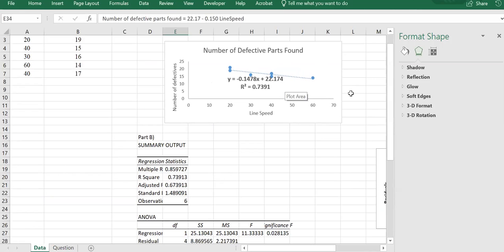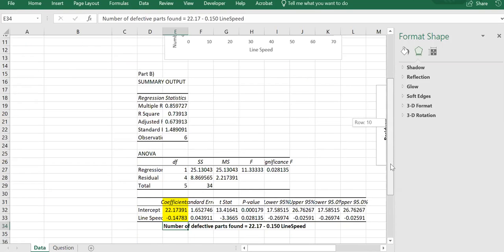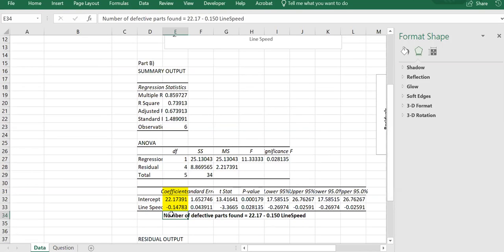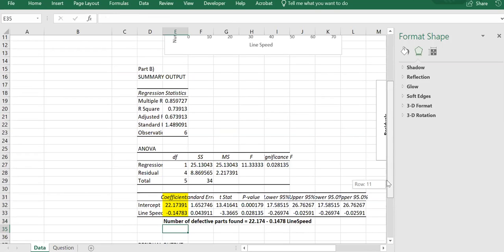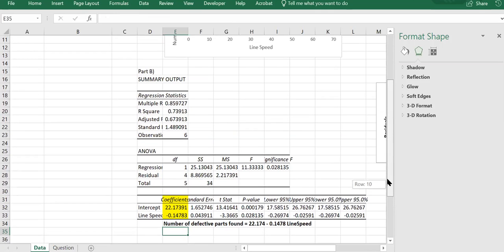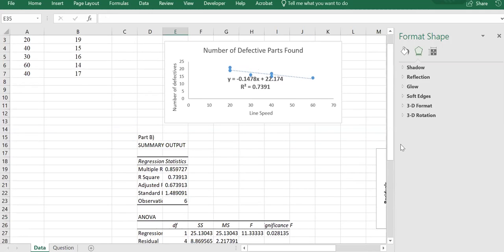Let me actually go with 4 decimals. That way we get exactly the same equation. So that should be the same because they're both using least squares method.